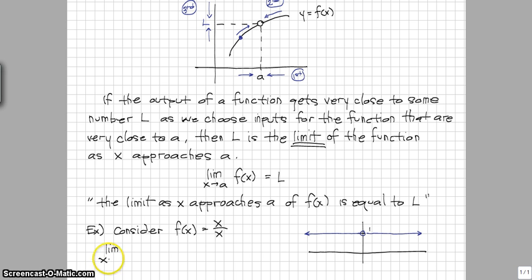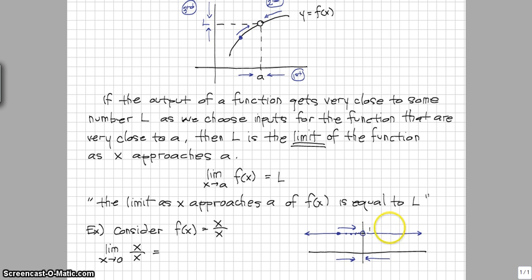the limit as x approaches 0 for this function, x over x, then we can come over here to this graph and say, I'm going to choose values that are getting closer and closer to 0 to be my inputs. And that means I'm going to have points that are getting closer and closer to the y-axis, moving along this horizontal line with outputs of 1.